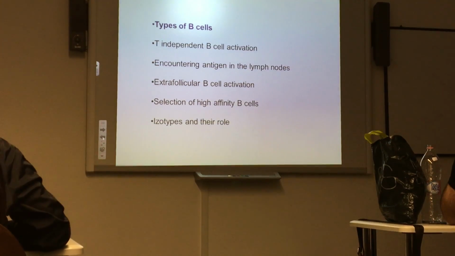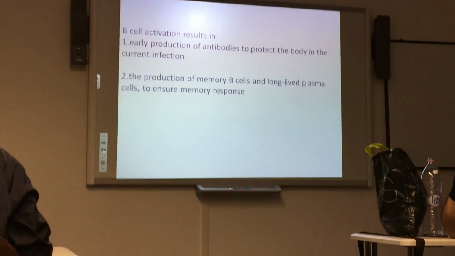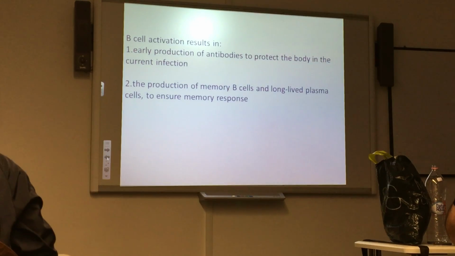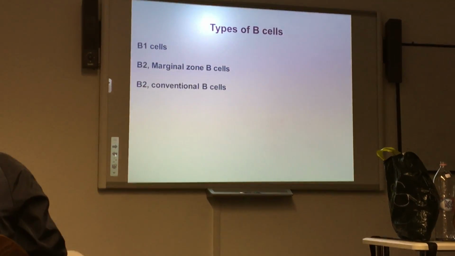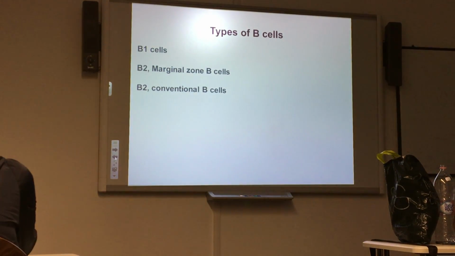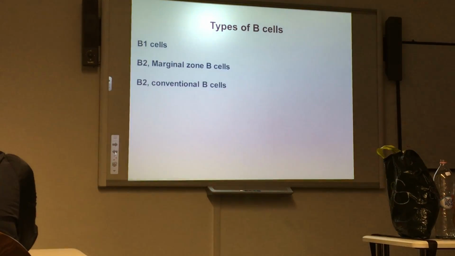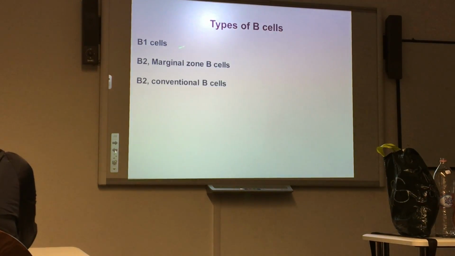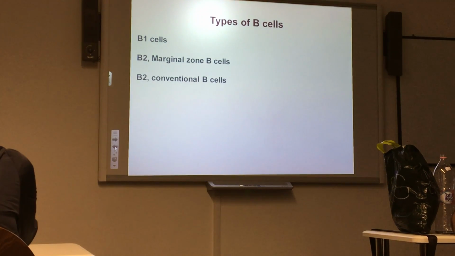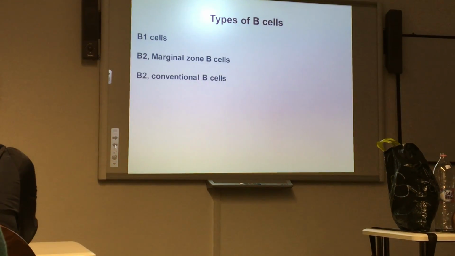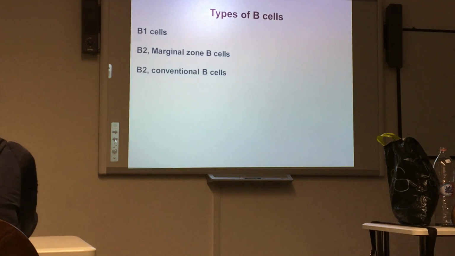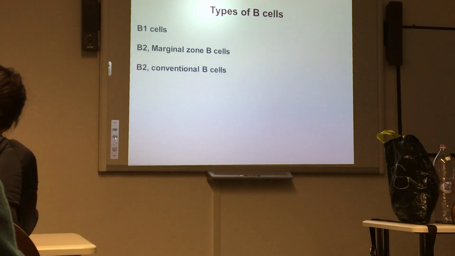I will. Okay. So what type of B cells exist in our body? First of all, we can distinguish B cells in two types, B1 cells and B2 cells. You heard about B1 cells because you have to learn about the natural antibodies.